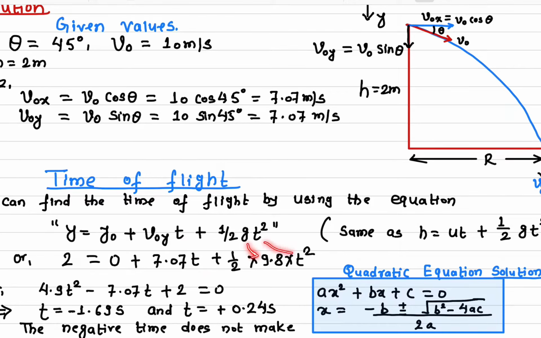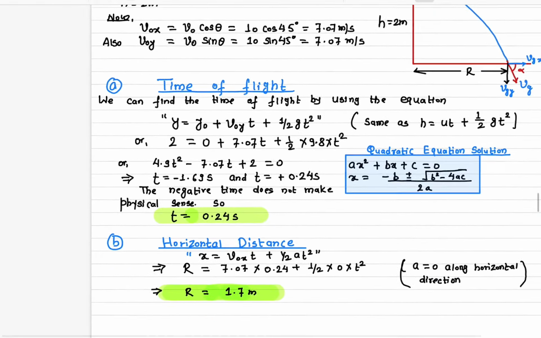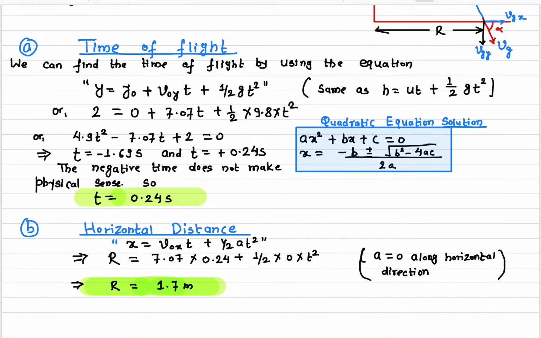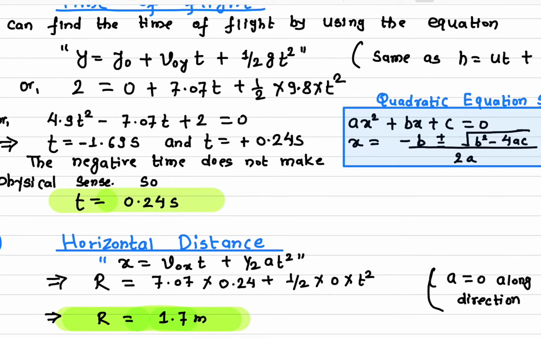Half g is 9.8 t squared. So this is now a quadratic equation. If we simplify this one, it will be a quadratic equation. I think I made a mistake here.